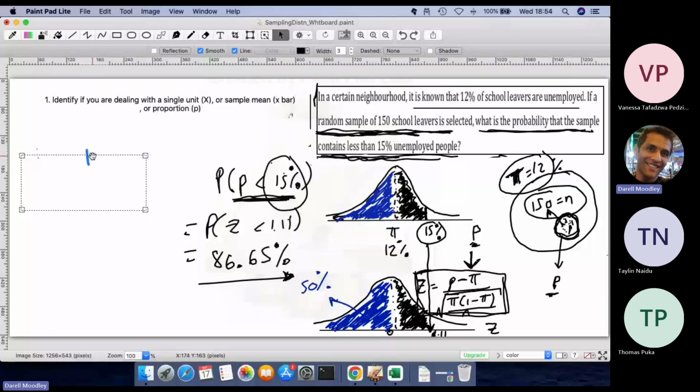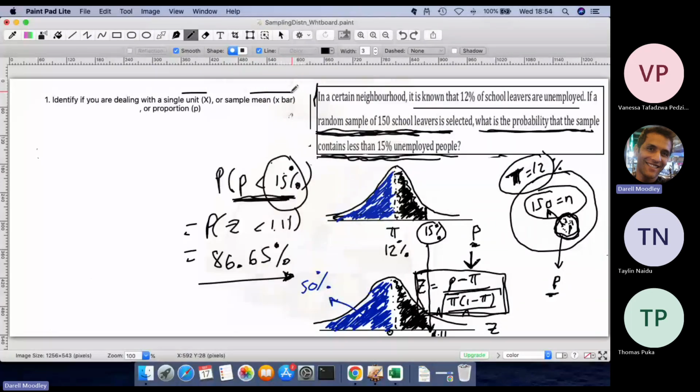First step is identify if you're dealing with these three things. Are you dealing with the single unit X, the sample mean X bar, or proportion?